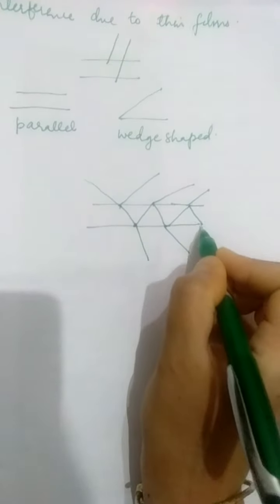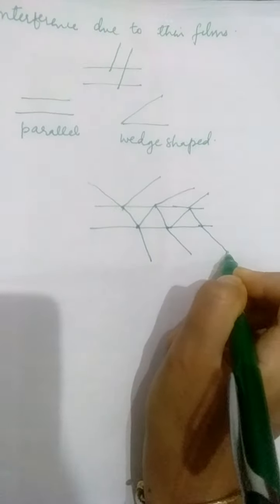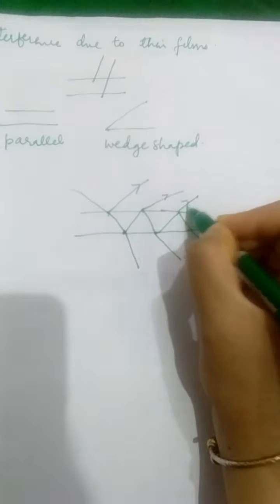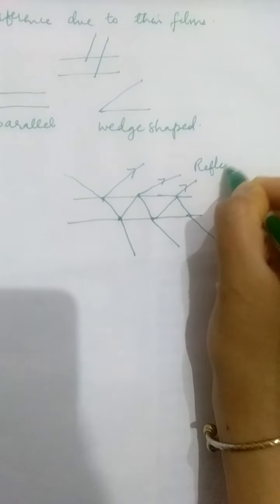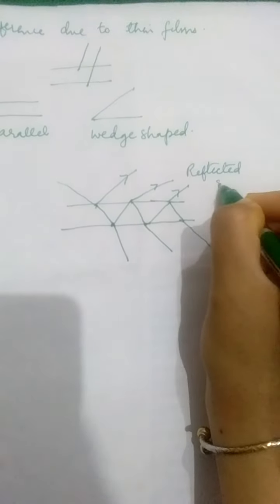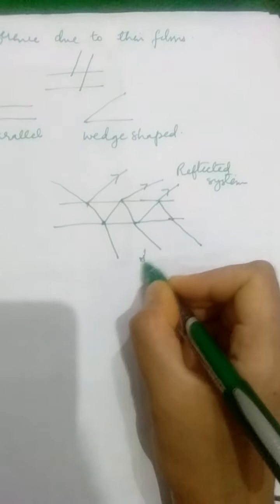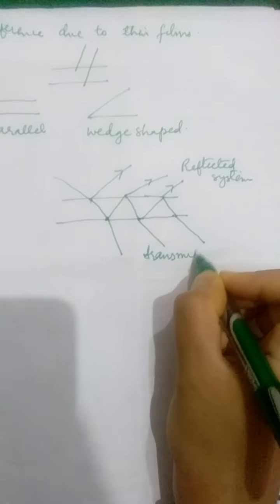Here it gets transmitted, here it gets transmitted, and so on. So we have a set of rays that are reflected, and this is called reflected system. And we have a set of rays that are transmitted, and this is called transmitted system.